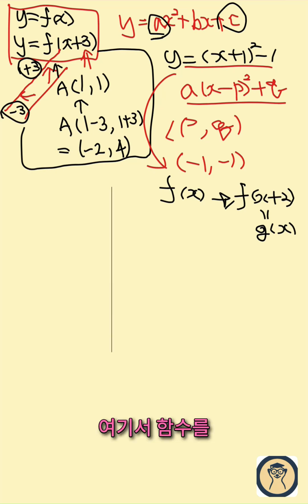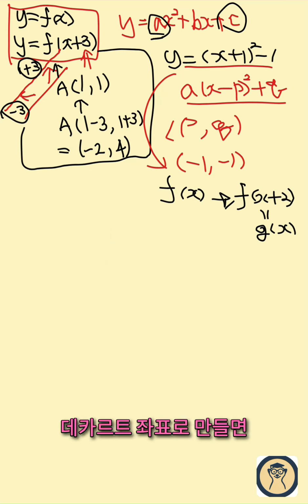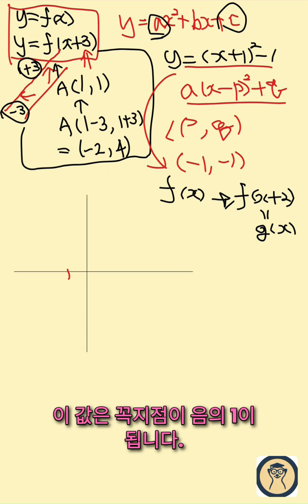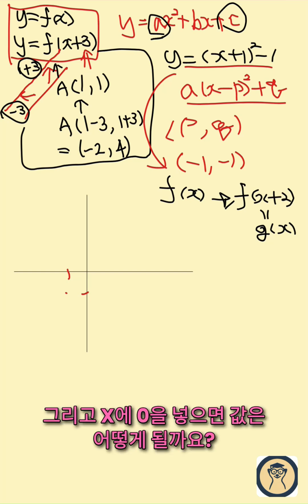So if I make the function down here on the Cartesian coordinate, then the vertex point is going to be -1, and if we put 0 on the x, what is the value of y?